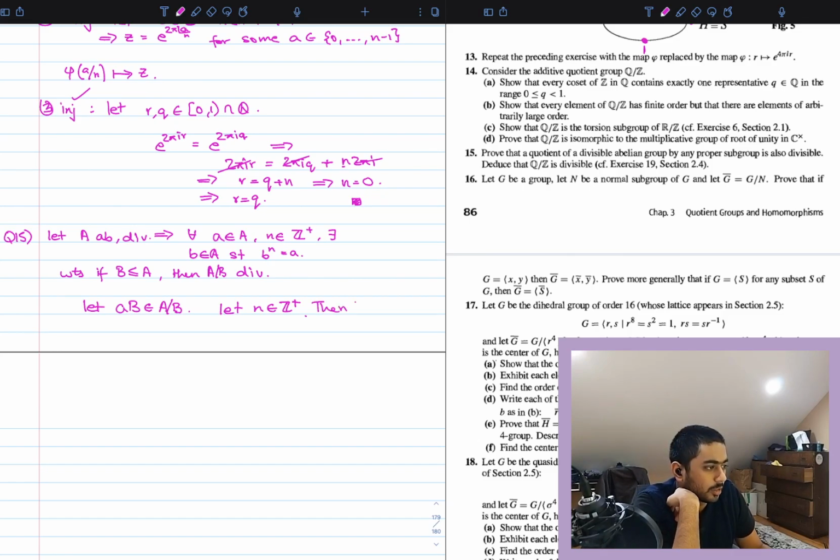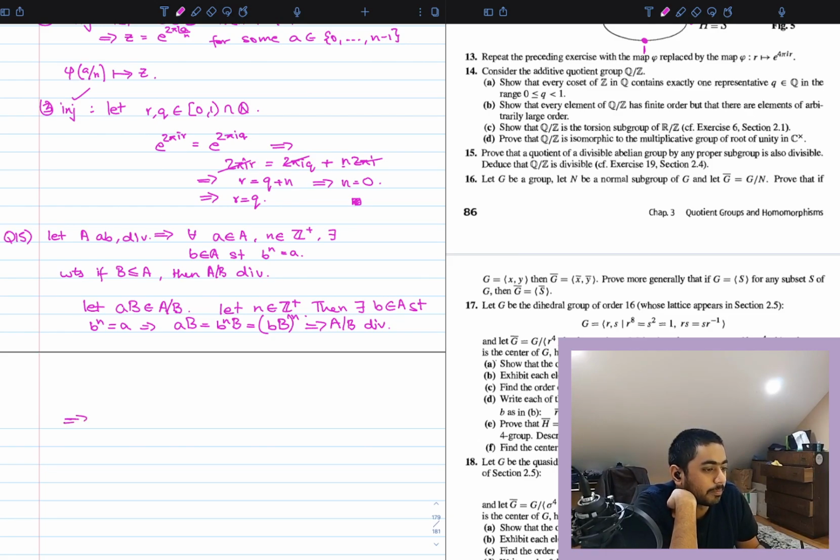Then there exists b in A such that b to the n equals a, which means aB is actually b to the n B, which is the same thing as bB to the nth power. And so A mod B is in fact divisible.